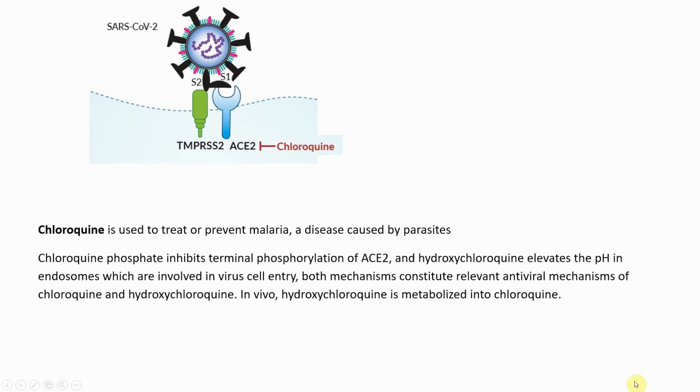As you see here, in the second step, chloroquine phosphate can also help prevent the virus from entering the cells. These drugs are partially metabolized by the liver and changed to desethyl chloroquine.